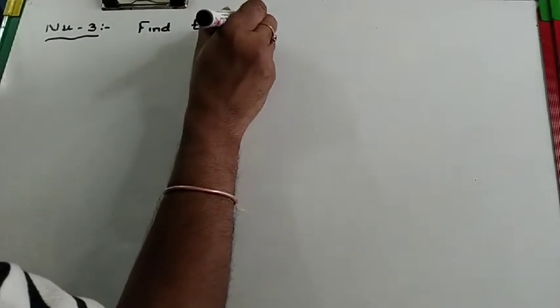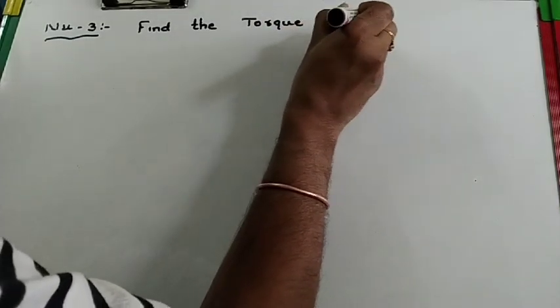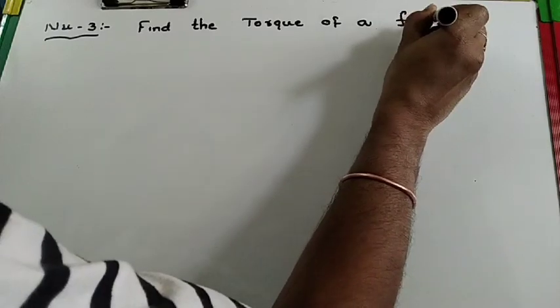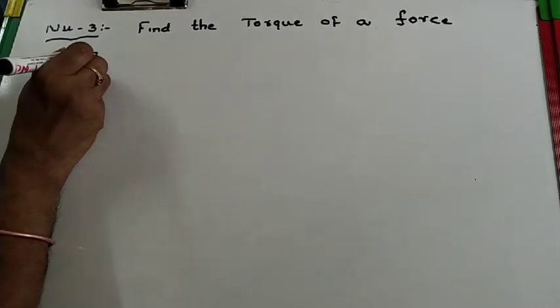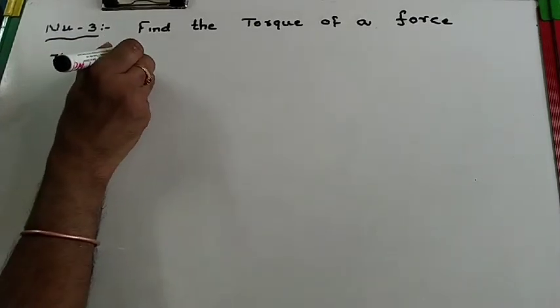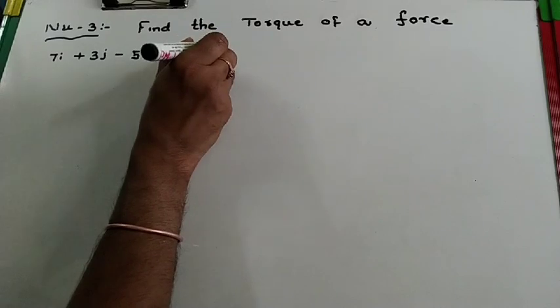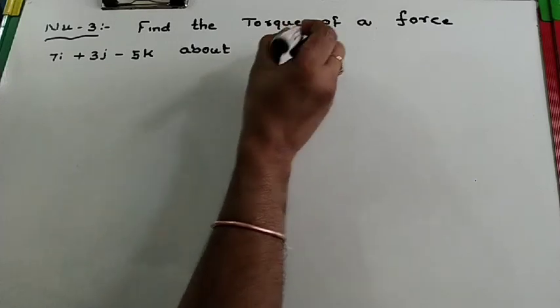Numerical number 3. Find the torque of a force 7i plus 3j minus 5k about the origin.